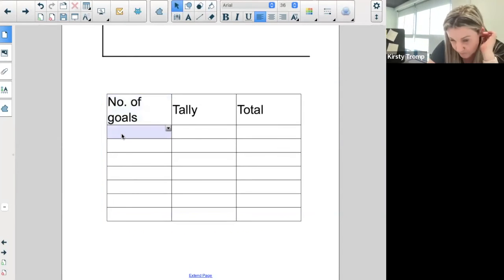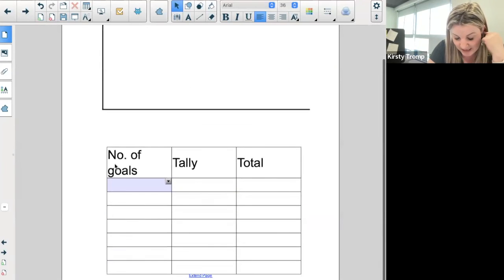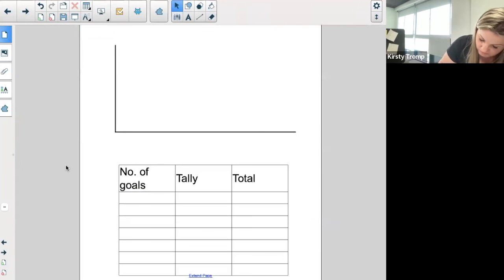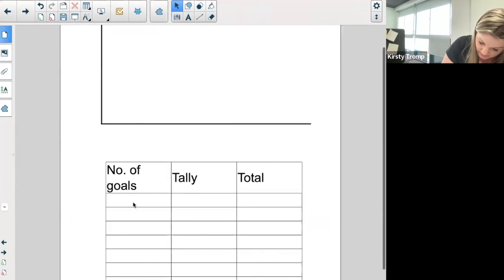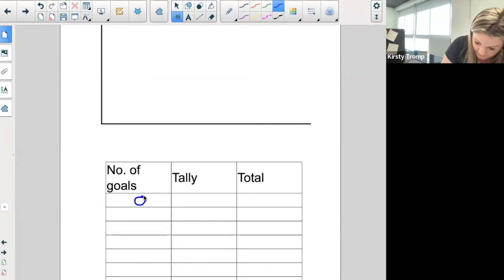In his count that he's got here, he's got 2, 0, 1, 1, 3, and his biggest number is 8. So in my tally table, I'm going to start with 0, 1, 2, 3, and we're going to have an 8.